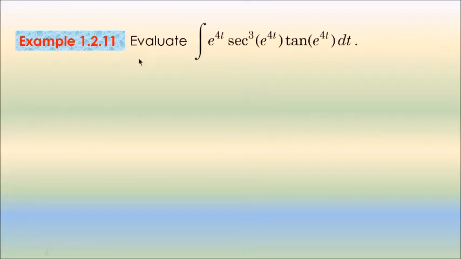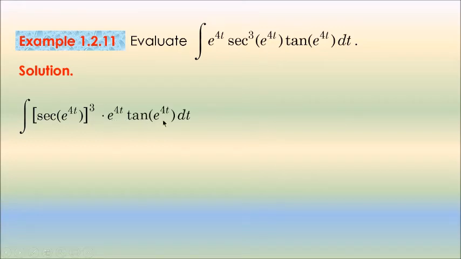Example 1.2.11. Evaluate the integral of e to the 4t secant cubed of e to the 4t tangent of e to the 4t dt. So here, the possible u to the n is secant cubed of e to the 4t, or (secant e to the 4t) cubed, times e to the 4t tangent of e to the 4t dt.